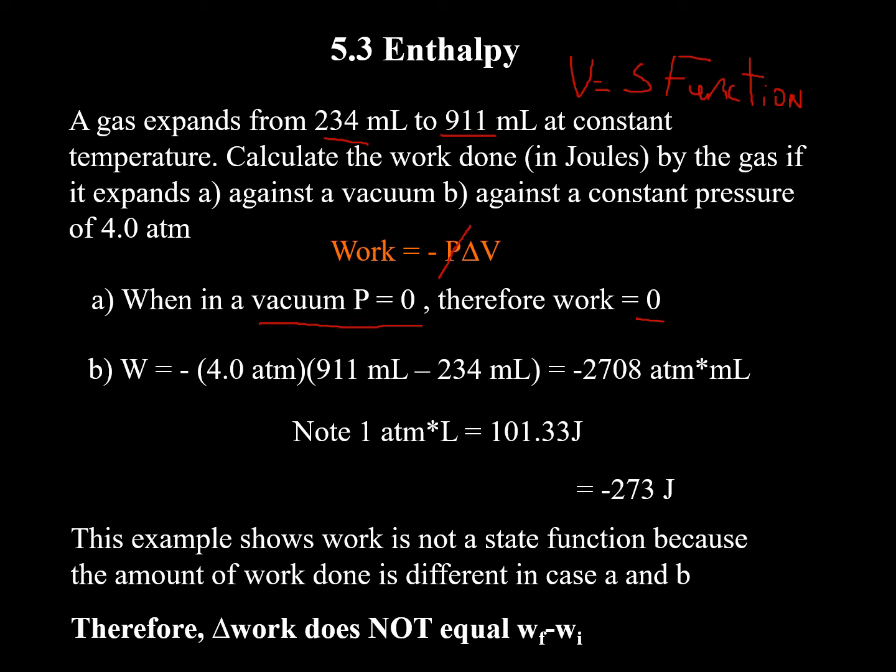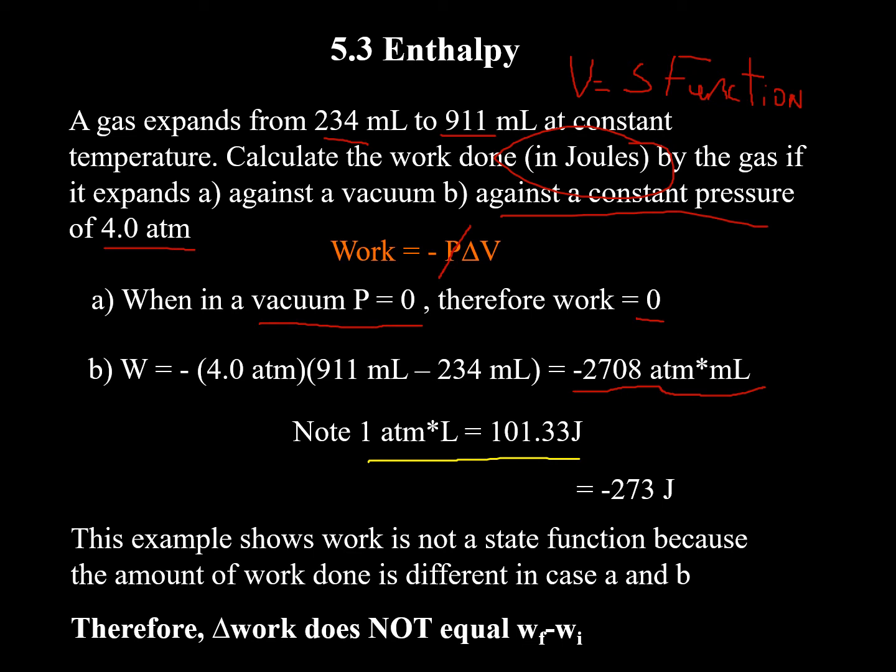The second question, what if we're against a constant pressure of 4 atm, 4 atmospheres? So we plug in these values, 4 atm and 911 for V2, 234 for V1. We do the math, we get negative 2708 atmospheres milliliters. We want our answer in joules. So I'm introducing now the unit conversion here to go from atmosphere liters to joules, 101.33 joules for 1 atmosphere liter.